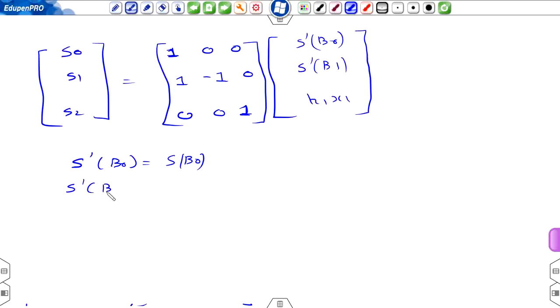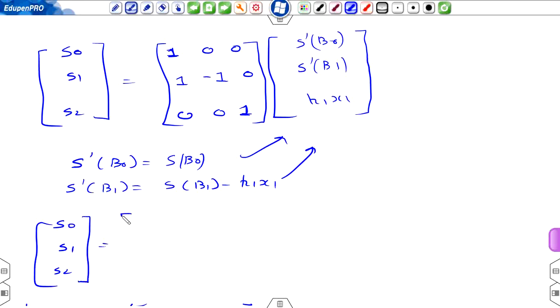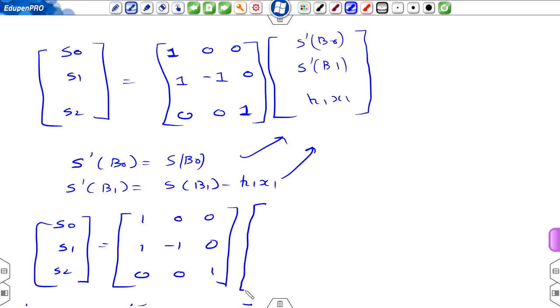Substituting this value into the matrix, we have S0, S1, S2 on the left hand side, and on the right hand side 1 0 0, 1 minus 1 0, 0 0 1, and S prime beta 0 is S of beta 0, S prime beta 1 is S of beta 1 minus H1 x1, and H1 x1 as it is.